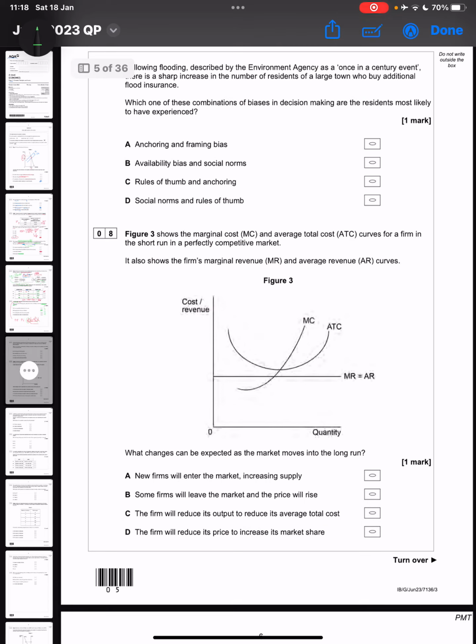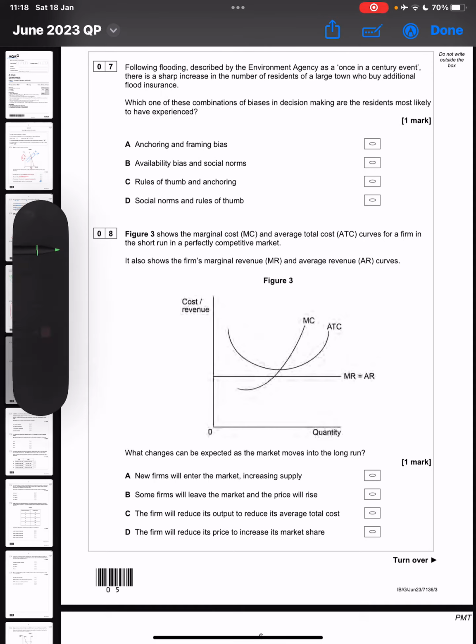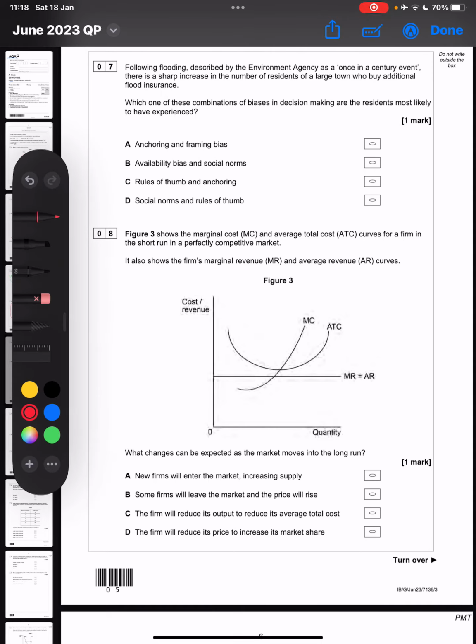Okay, next question. We have flooding described as a once-in-a-century event. There's a sharp increase. Okay, for me, when I see sharp, people have really reacted to that in a violent way. The number of residents who buy additional, that's interesting. Additional is, they had flood insurance before, now they're super safeguarding themselves.